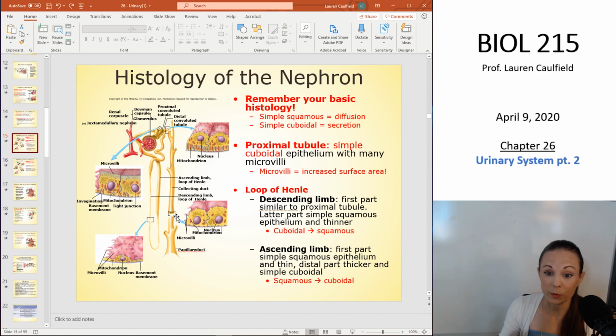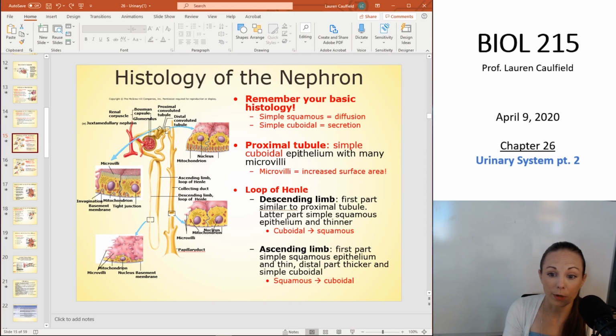Now, in particular, we said that the simple squamous epithelia of the capillary and the podocytes are important because of that function of filtration that is occurring at that first part of our nephron. So as we continue down through the rest of the tubes of the nephron, we're going to see different cell types depending on the function that's going on in that area.